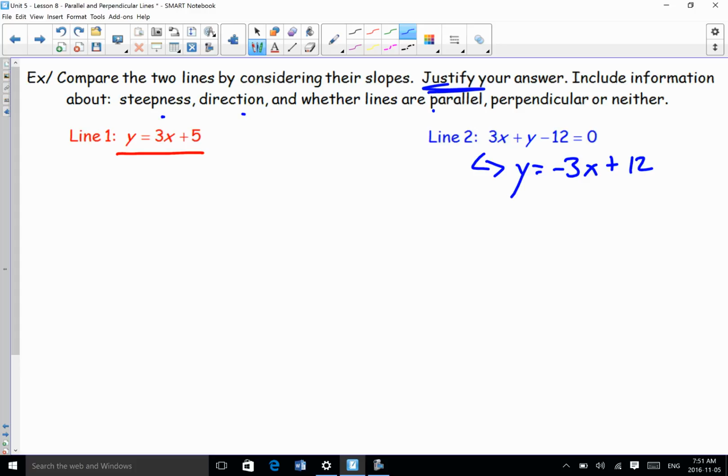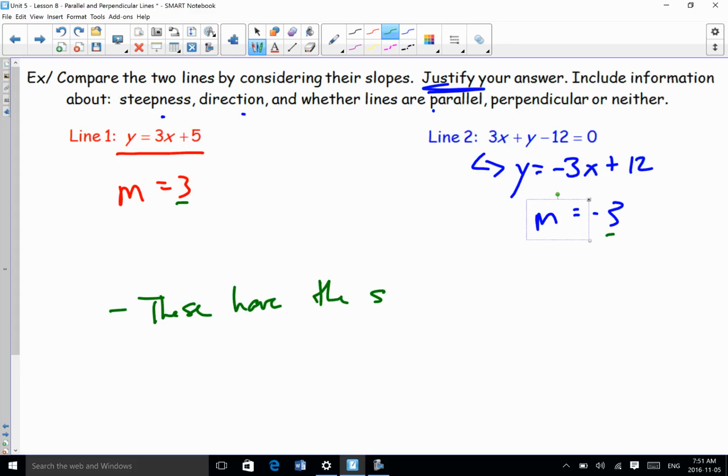Okay, so steepness, slopes. Slope 1, 3. Slope 2, -3. Which of these is steeper? Well, the fact that they both have the number 3 tells me these have the same steepness. They're both 3.